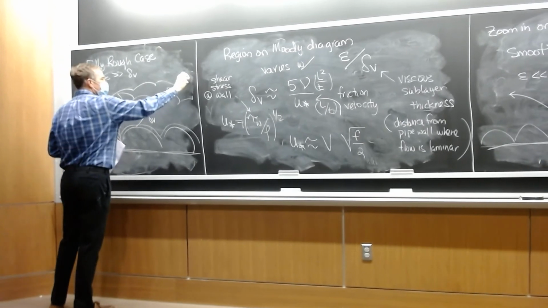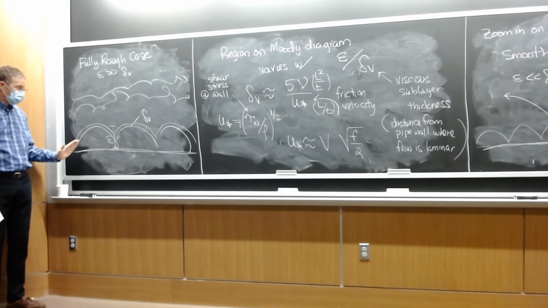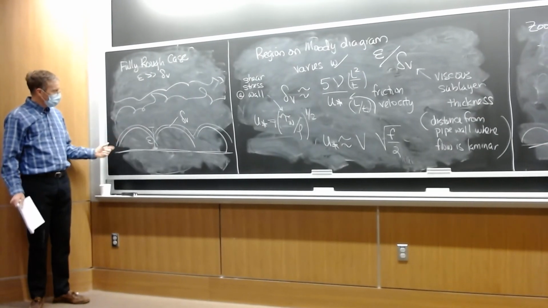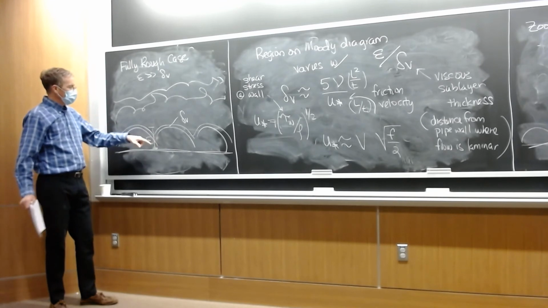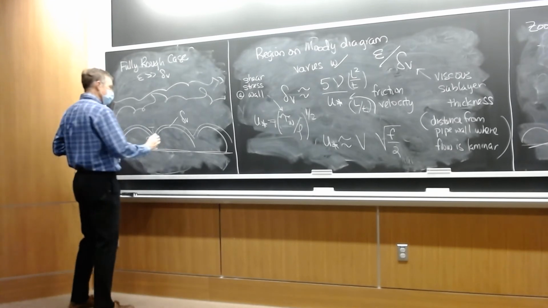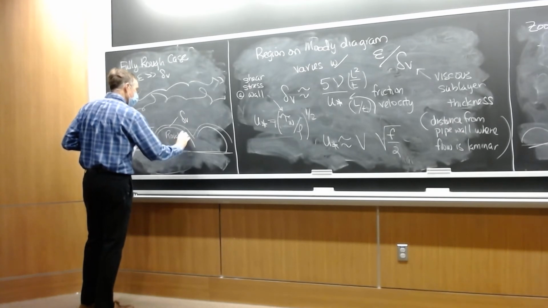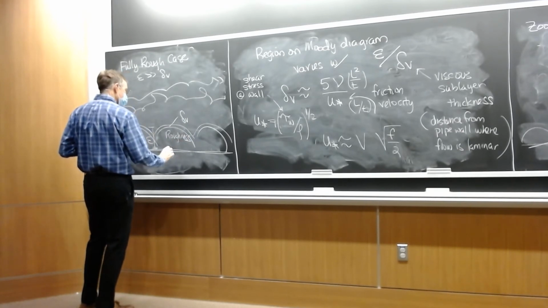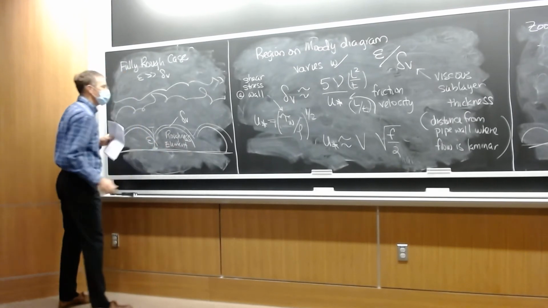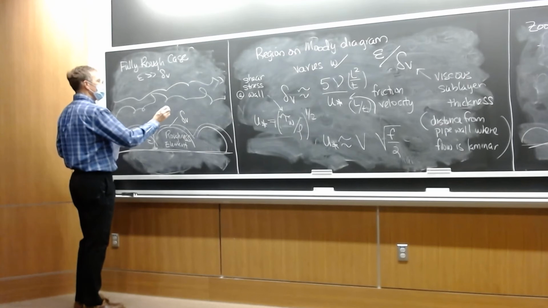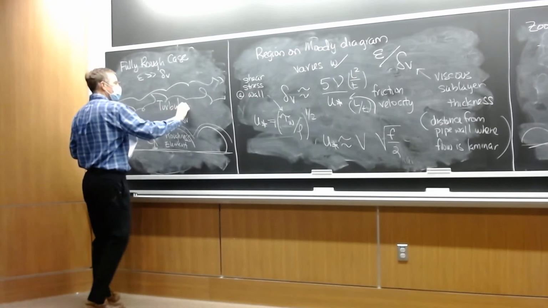What we have in that case is only a very small region just above the roughness elements, where there's any effect of viscosity. And for the most part, there is turbulent flow everywhere else.